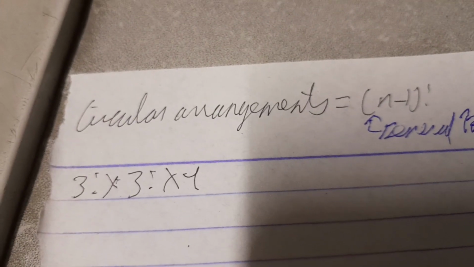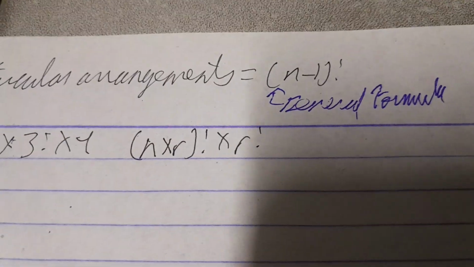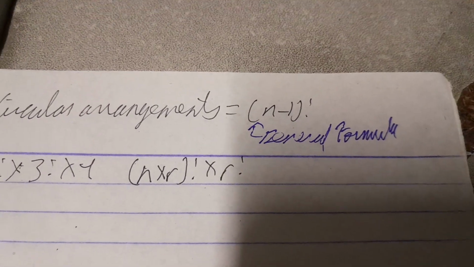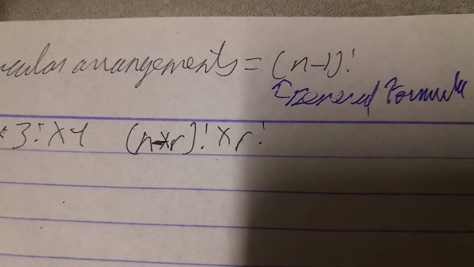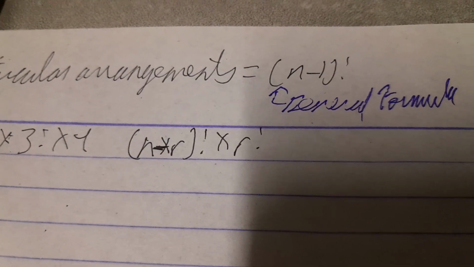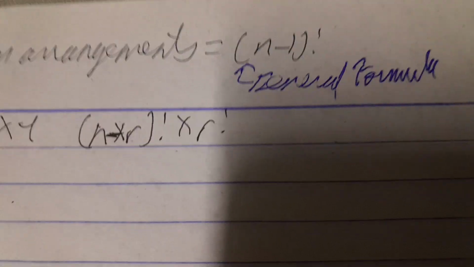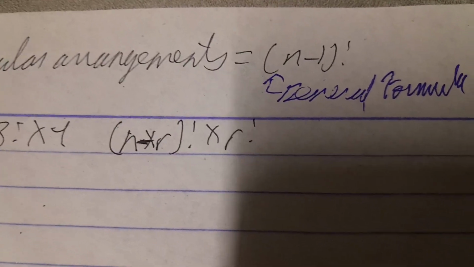But in circular permutation, the formula goes like this whenever there's a restraining condition. It is n minus r factorial times r factorial. What does that mean? n stands for the number in the population, and r pertains to the ones with the restriction.